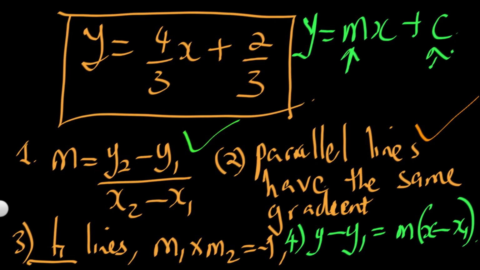If it is not written in that format, you will not be able to see what your m and your c are explicitly. It will not be easy to deduce that. So please, every time you're given the equation of a straight line, try to write it in the standard form where you have y on one side and the other stuff on the other side. And you can now see your m and your c clearly.